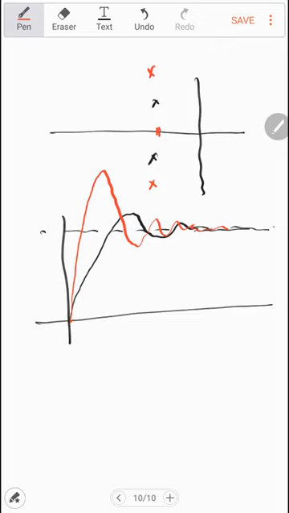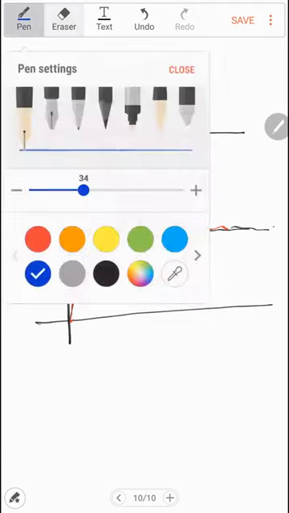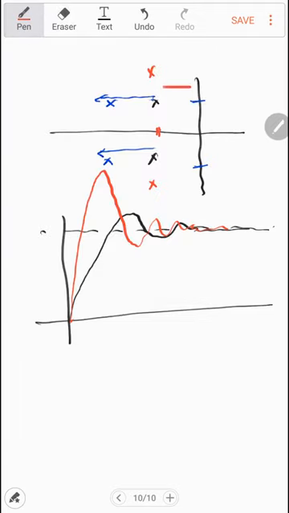Similarly, let's say that we keep the imaginary axis fixed. The poles are moving in, you see the root locus is moving in this location.